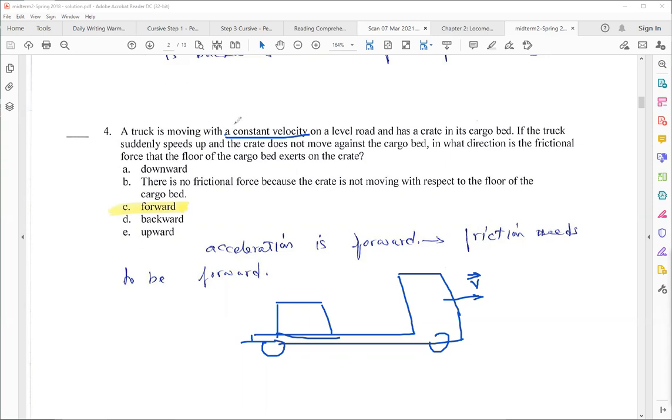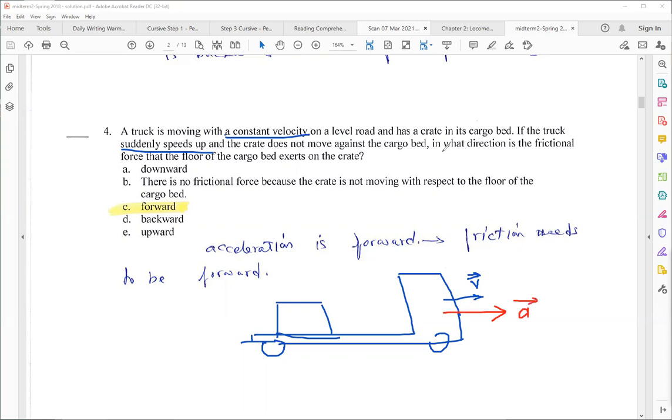Now, if the truck suddenly speeds up, what does that mean? Where is the acceleration pointing towards? So the acceleration is pointing forward. Very good. So if it's speeding up, acceleration will be following the velocity.